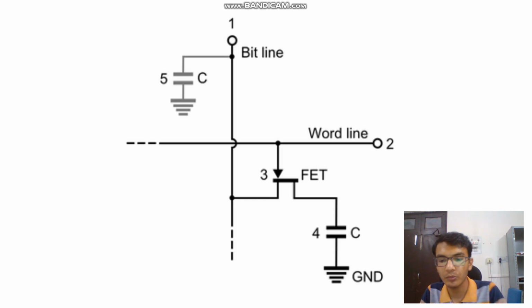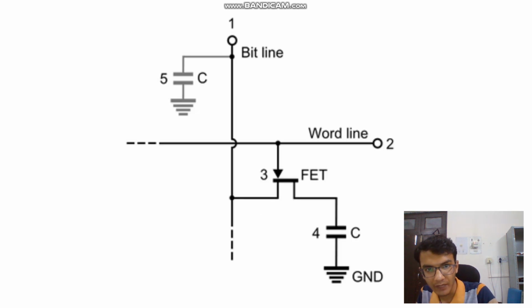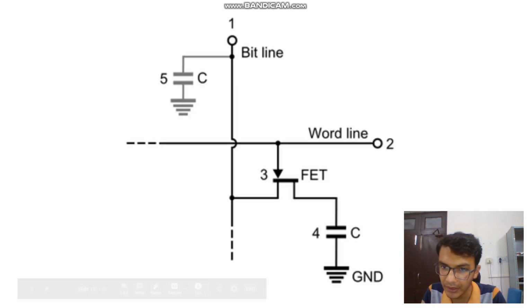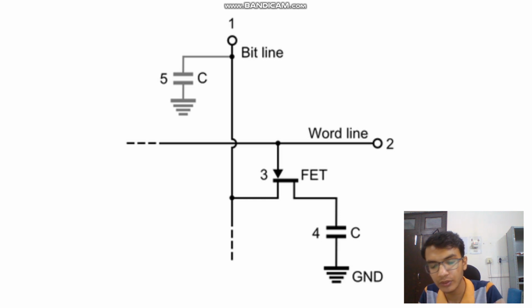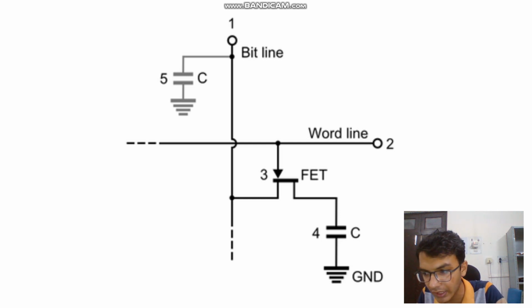The basic difference between these two is that the dynamic random access memory's response time is slower, because it includes capacitors, which are not as fast as transistors.